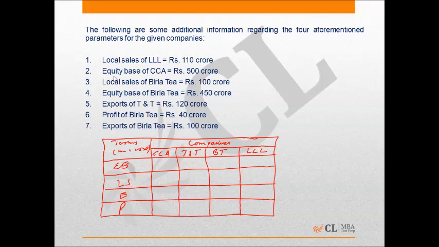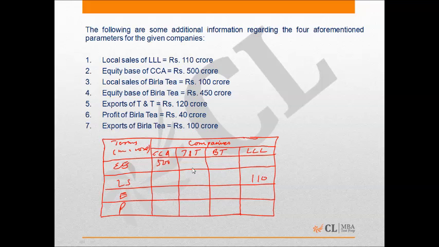The first point of additional information is local sales of LLL is 110 crore. Now we can put this figure in the table, and this is 110 crore. Equity base of CCA is 500 crore.